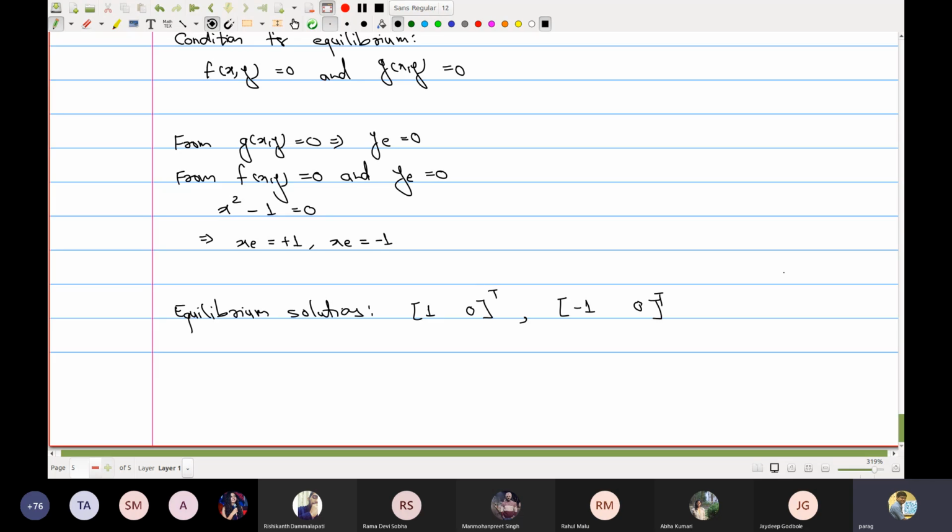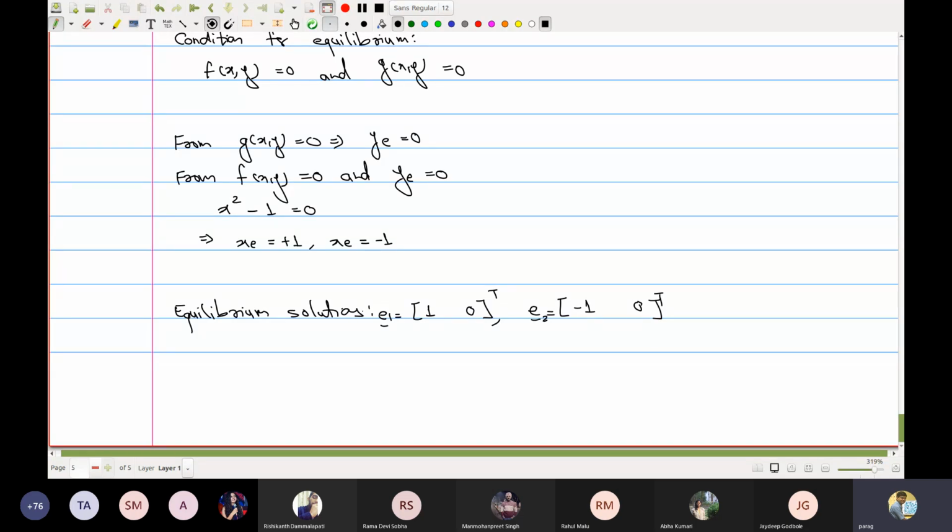I have two equilibrium solutions, equilibrium solution 1 and equilibrium solution 2. The first equilibrium solution is (1, 0). The second equilibrium solution is (minus 1, 0). Now I need to determine the nature of these two solutions.